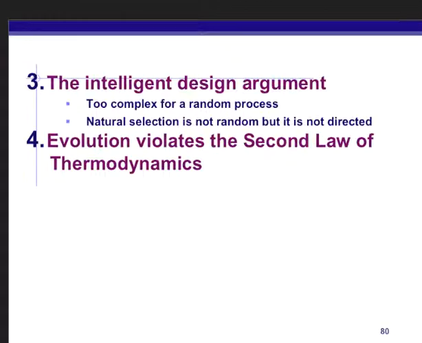Some say, and this is an interesting one, evolution violates the second law of thermodynamics. The second law of thermodynamics is the entropy law, where things become more and more disorganized. And if you think about that, it might make a little bit of sense to say, well, if life is becoming more and more organized, then that violates the second law of thermodynamics, that things should become more disorganized.